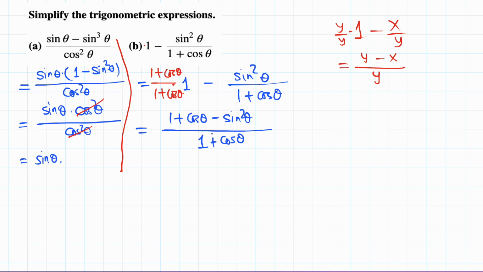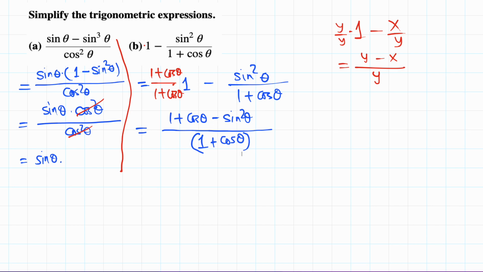We are making it bigger as of now, but from two fractions, now I got only one fraction. So 1 plus cosine is a quantity. Do not cancel cosine, this one is not a factor. Don't cancel.